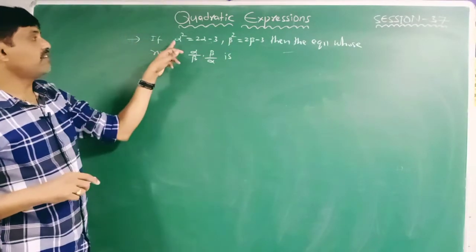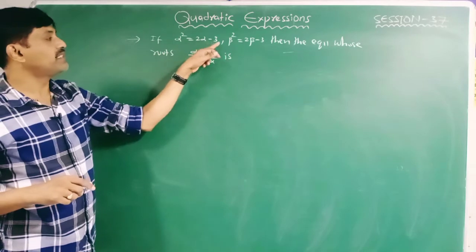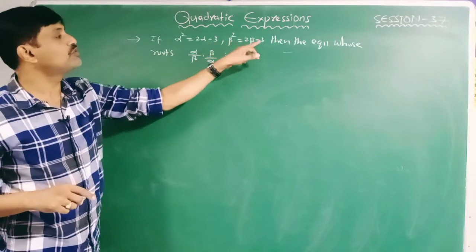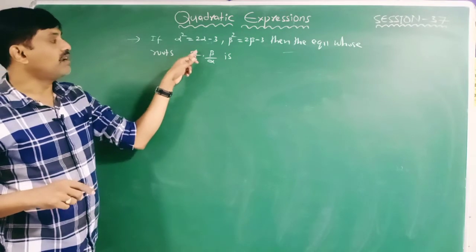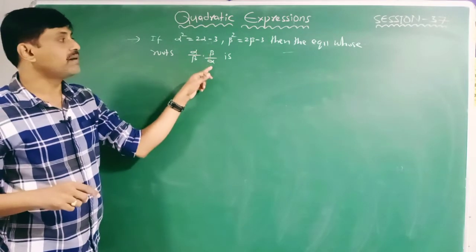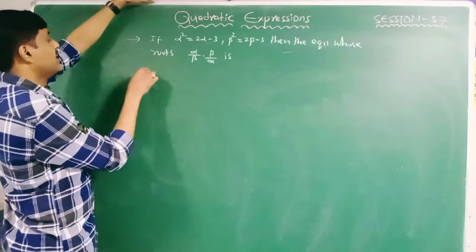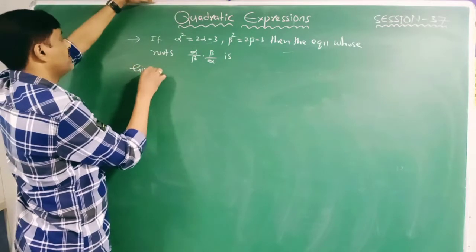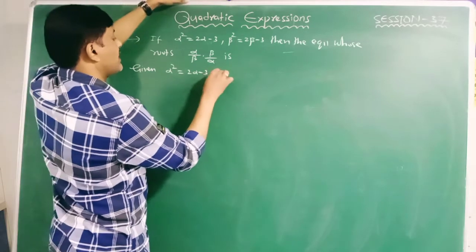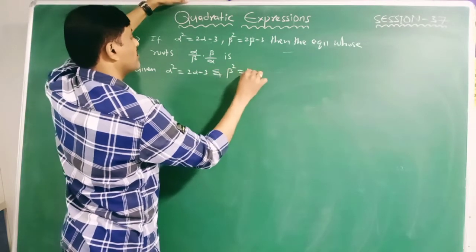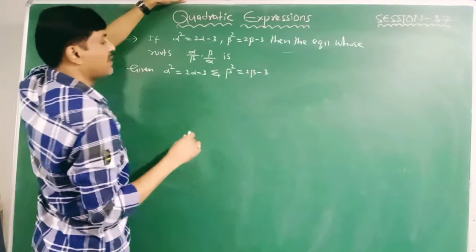Okay, he gave alpha square is equal to alpha minus 3, beta square is equal to 2 beta minus 3, then the equation whose roots are alpha by beta comma beta by alpha is. As clearly given, alpha square is equal to alpha minus 3 and beta square is equal to 2 beta minus 3.